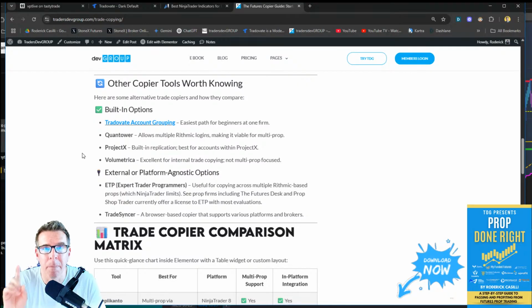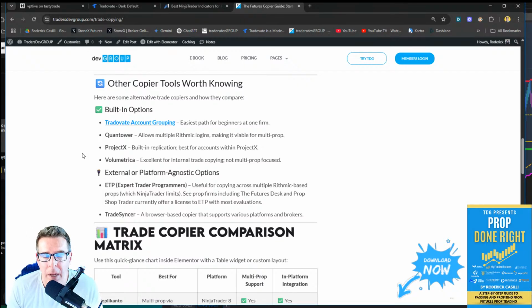Project X is probably the best way to learn how to copy amongst accounts. They have a built-in trade copier that you can use, and it's a great resource for, again, just having a few accounts and getting familiar with how you want to set up copying logic. One of the things that I mentioned before was, keep things simple.